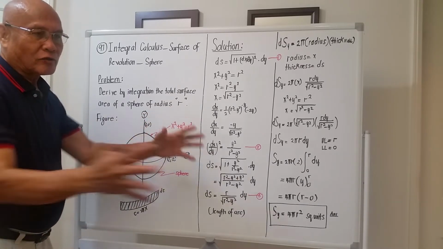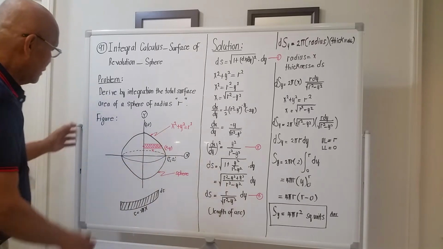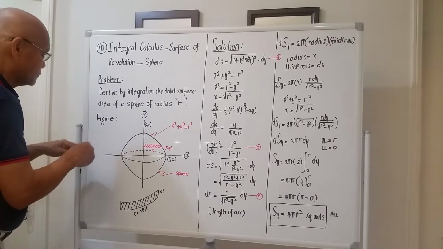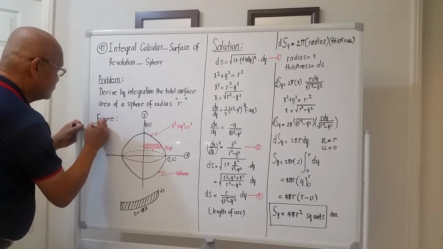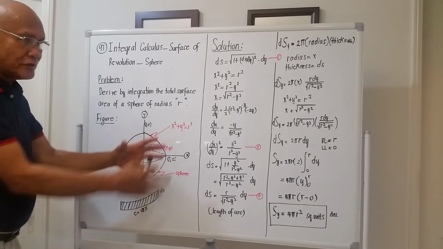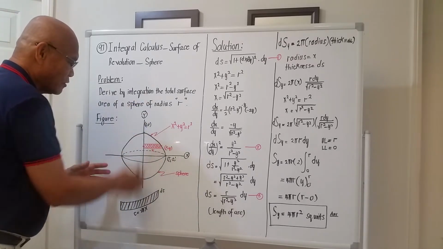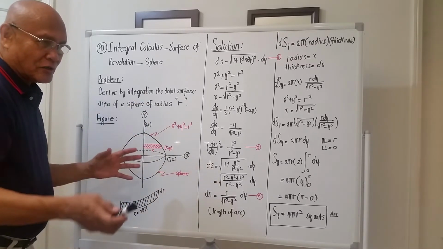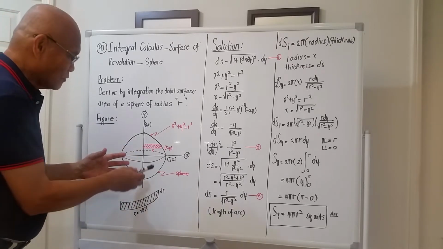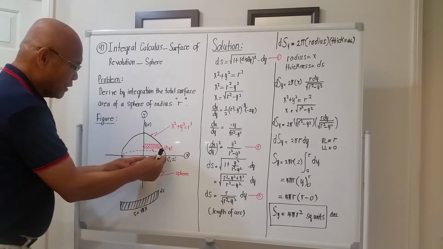Okay, let's try to bring out the figure on the Cartesian coordinate system. This should be the figure. On the Cartesian coordinate system, this will be the x-axis, this is the y-axis. A sphere got a radius, right? So we will draw a circle around in which the radius is r.